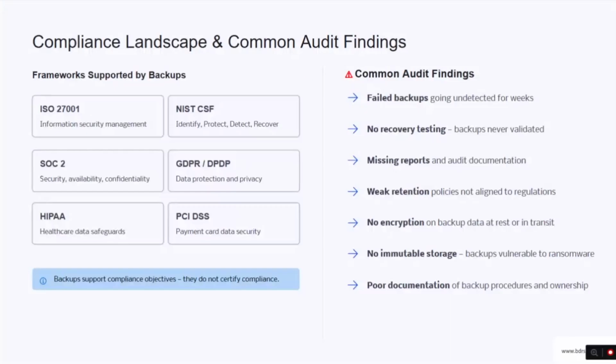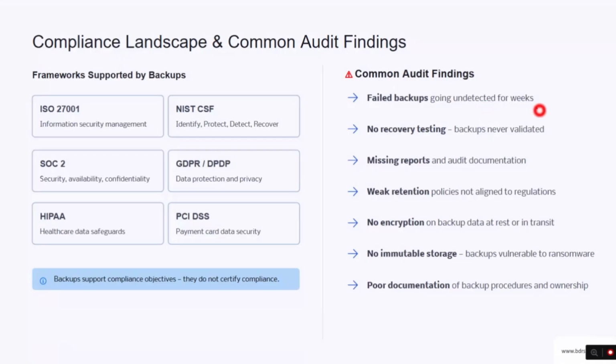Now there are some major ones, like common audit findings. These are recent audit findings that we came across from multiple customers and multiple partners, and they are listed here. The first is failed backups, which go undetected for weeks.